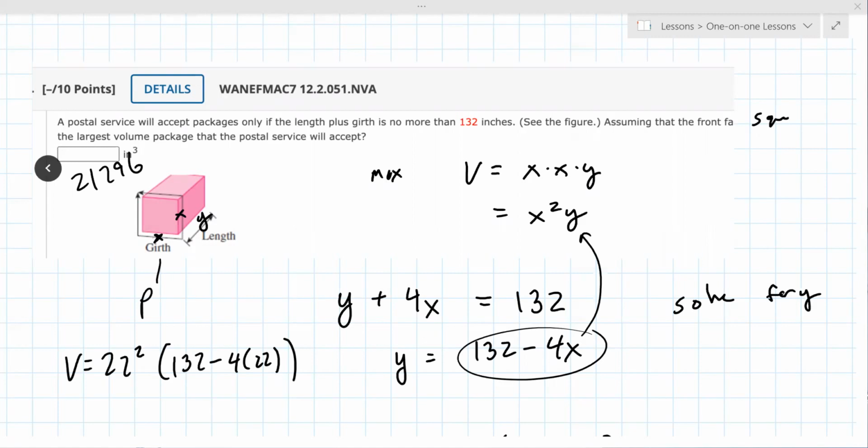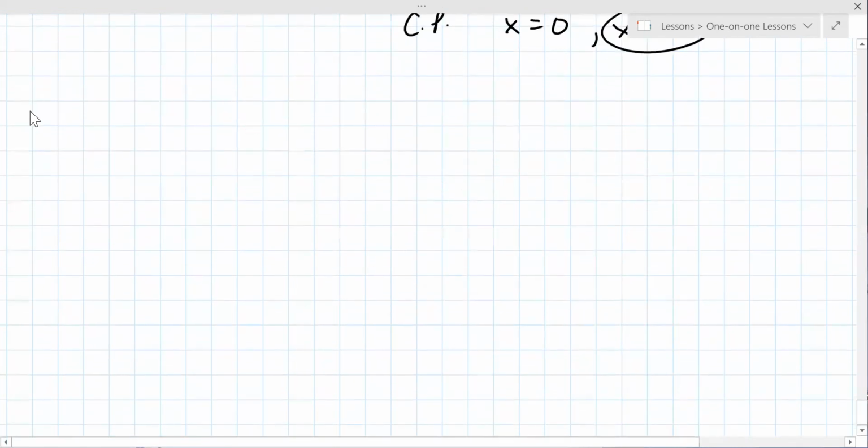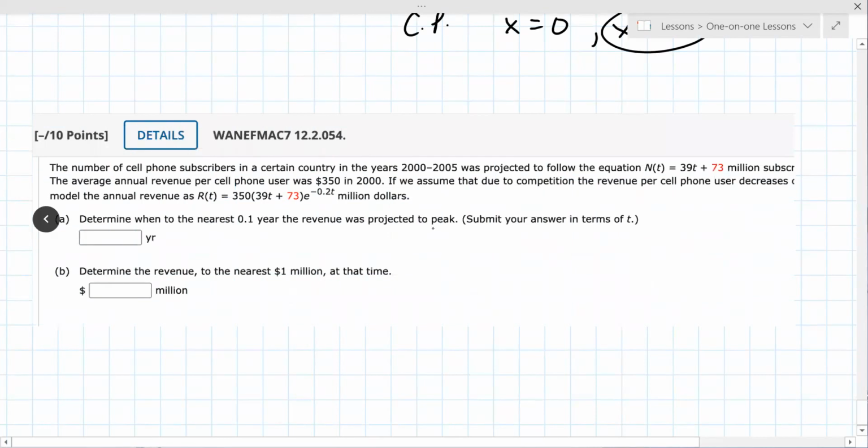Average annual. This question here is asking you to find when the revenue peaked. That means it's a maximum. So they're asking, when does this function reach a maximum?